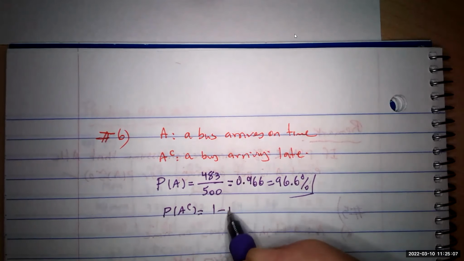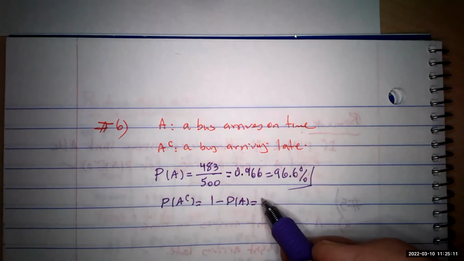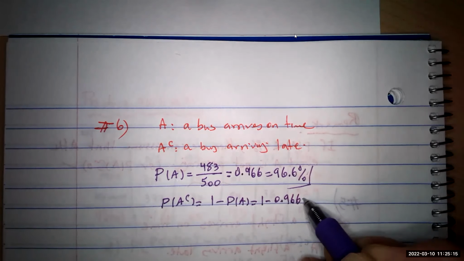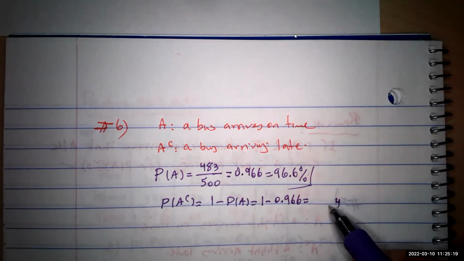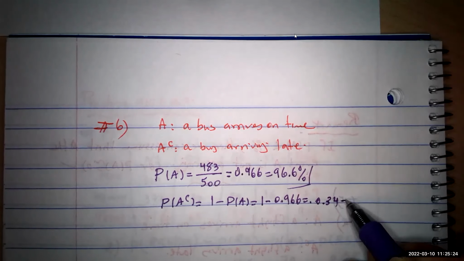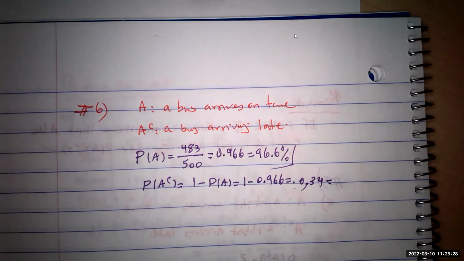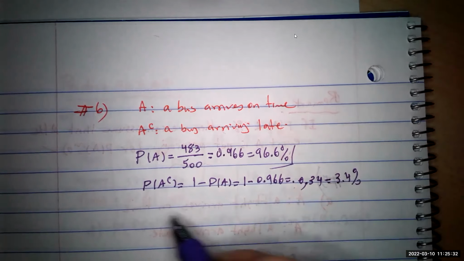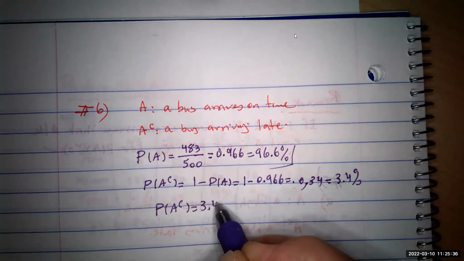It's going to be 1 minus P of A, or 100% minus that number. So 1 minus 0.966, or just as a percent. This is 0.034, I think. So it's going to be 3.4%. So P of A complement is going to be 3.4%.